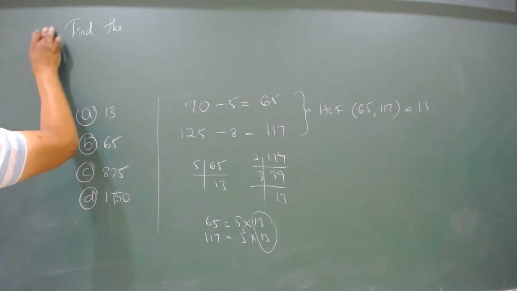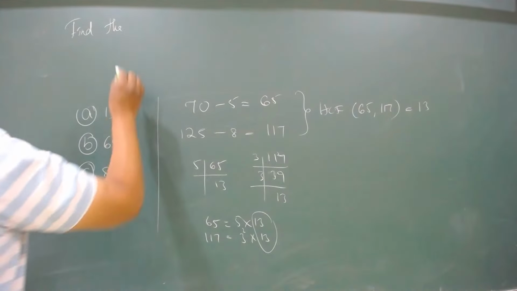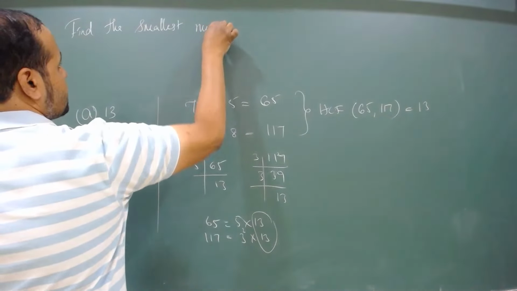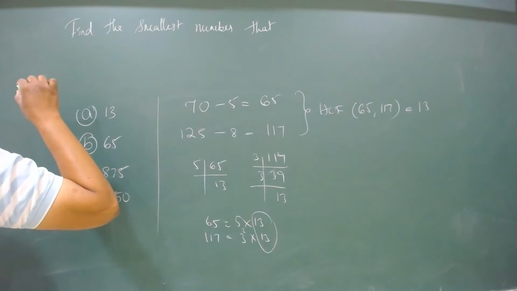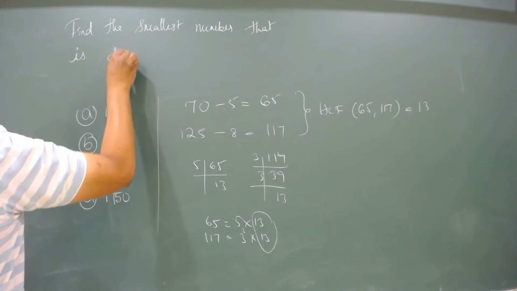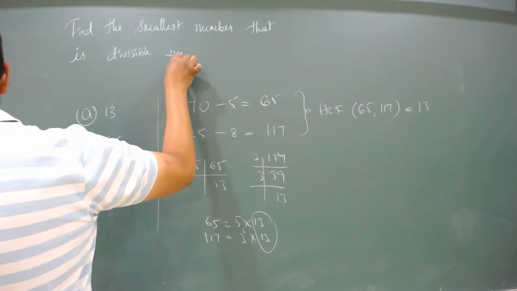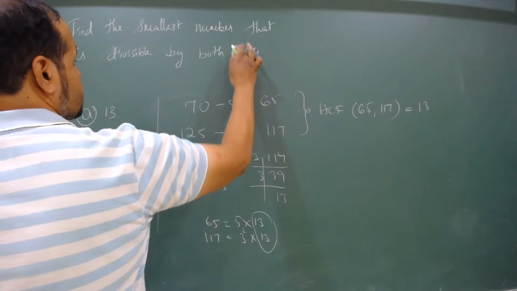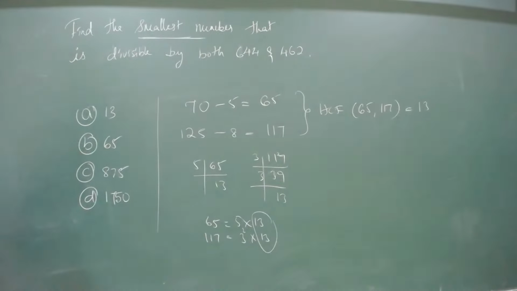I forgot the problem of Euclid. Find the smallest number that is divisible by both 644 and 460.